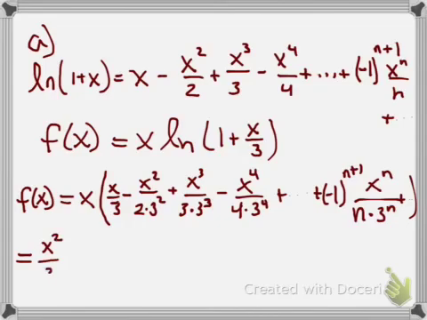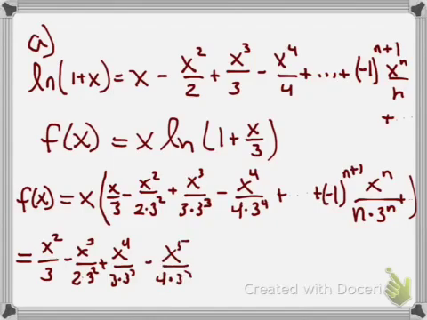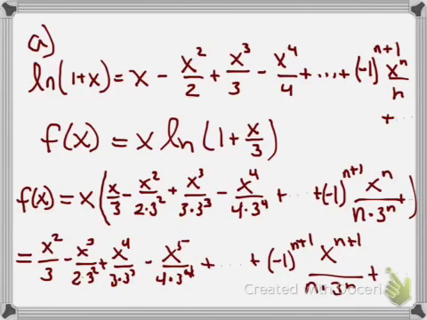So we're going to get x squared over 3 minus x cubed over 2 times 3 squared plus x to the 4th over 3 times 3 cubed minus x to the 5th over 4 times 3 to the 4th plus dot dot dot plus negative 1 to the n plus 1 x to the n plus 1 over n times 3 to the n plus dot dot dot.